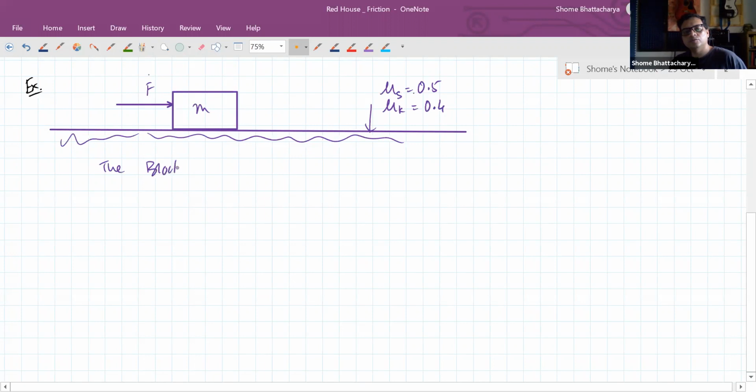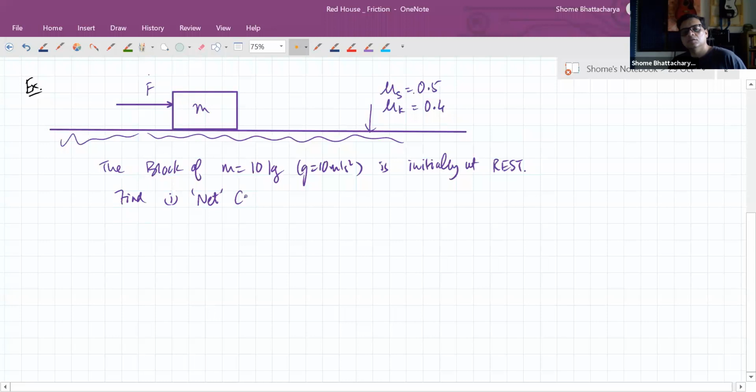So the block of m equal to 10 kg is initially at rest. We have to find out the net contact force on the block due to the rough horizontal surface on which it is lying.